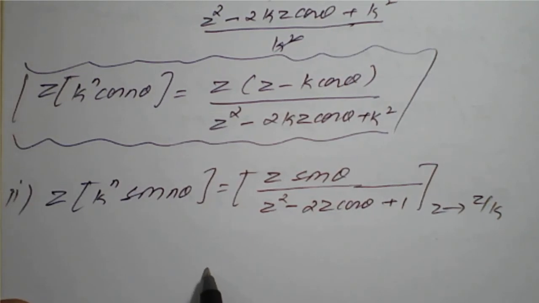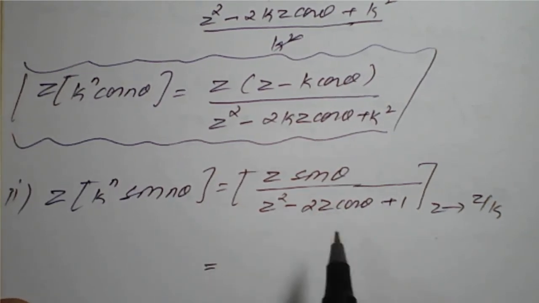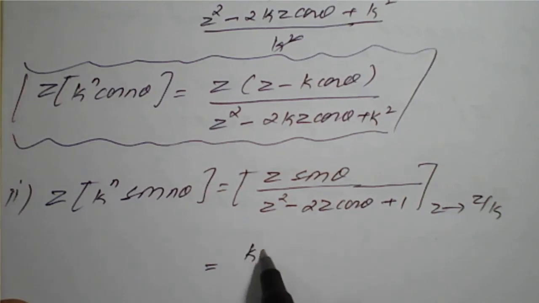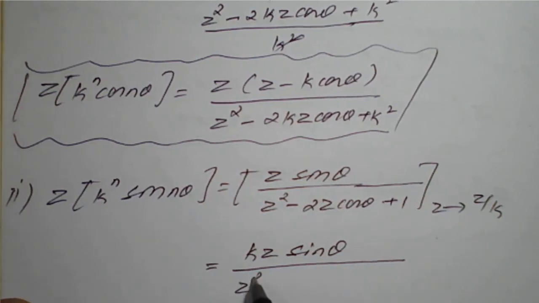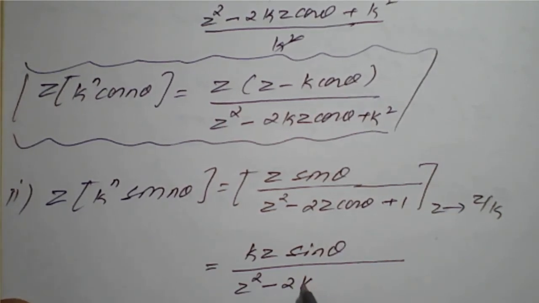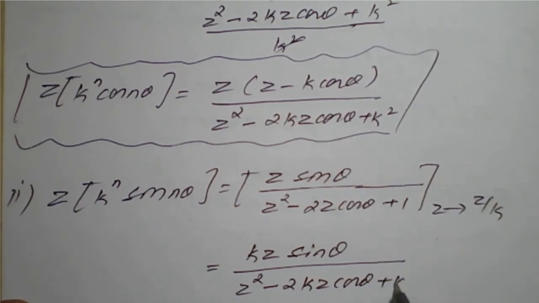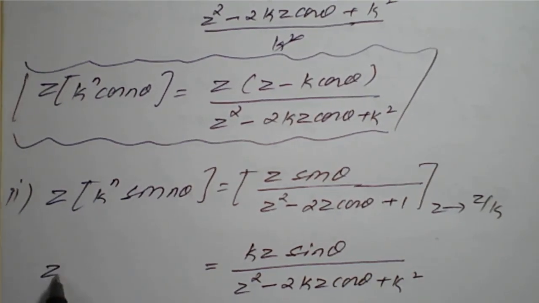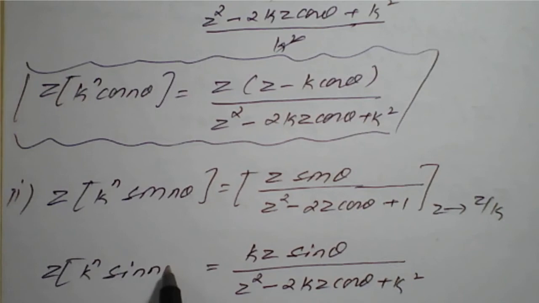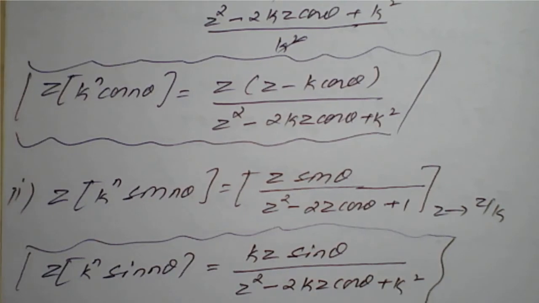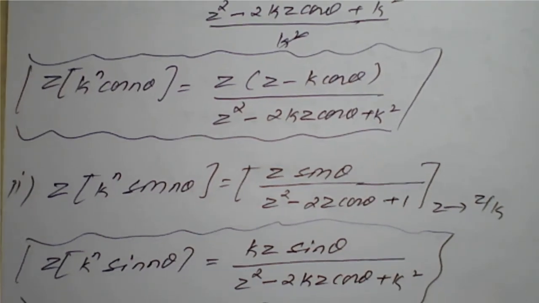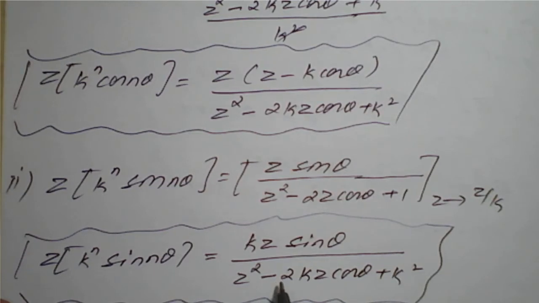On replacement we'll get the result, so I am writing directly, it will become kz sine theta whole divided by z square minus 2kz cos theta plus k square. So this is our second deduction, that is z transform of k raised to n sine n theta is nothing but kz sine theta divided by z square minus 2kz cos theta plus k square.